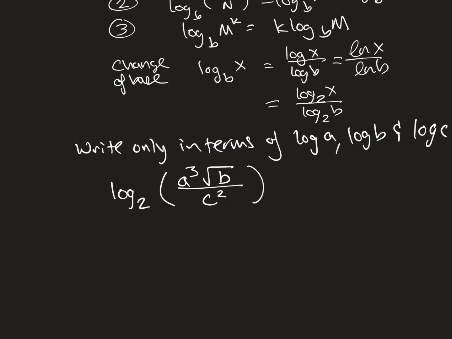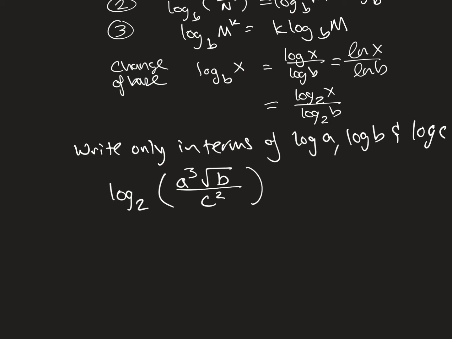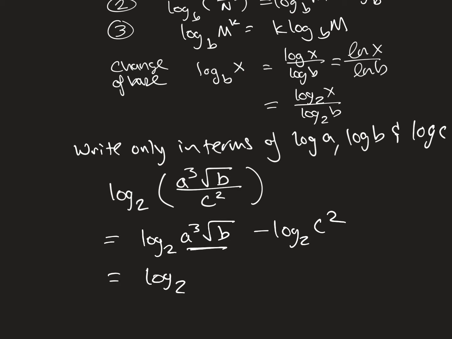Okay, so this is the same as log base 2 of a cubed root b minus log base 2 of c squared. So remember, division goes to subtraction, but then I have multiplication within here. So this is the same as log base 2 of a cubed plus log base 2 square root of b minus, well, I'm going to bring the exponent in front here, 2 log base 2 of c.